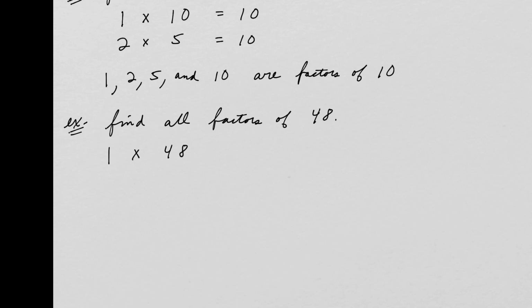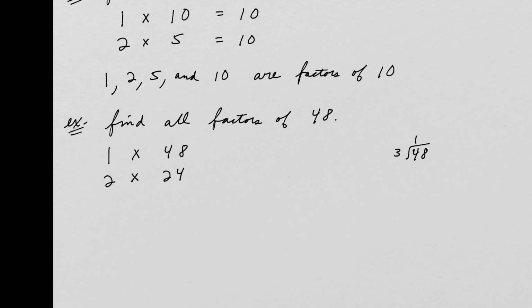That will certainly give me 48. Then I work my way up. 2. Yeah, 2 definitely goes into 48, right? So 2 times 24. Does 3 go into 48? So you might have to go on the side over here and divide by 3. I'll give you some quick divisibility rules in a second, but let's just do this out. So yeah, it looks like 3 goes in, right?